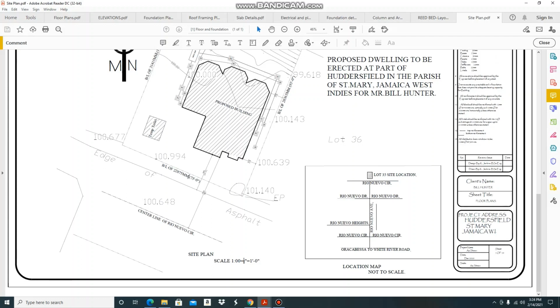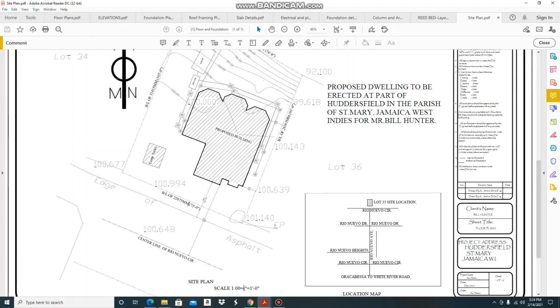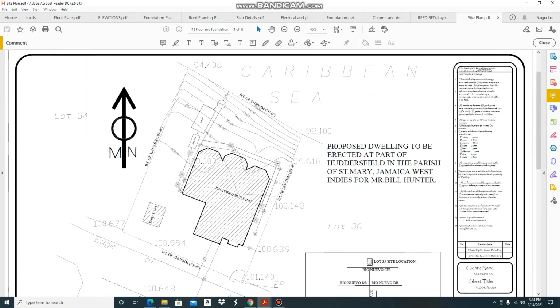You can use your tape measure, and in this instance the site plan is drawn at 1/8 inch equals 1 foot 0 inches, or 1 in 100.